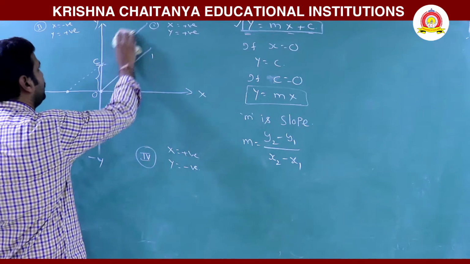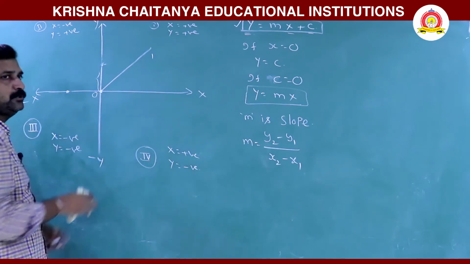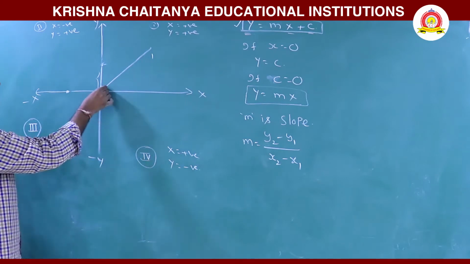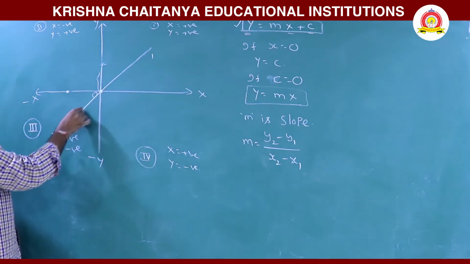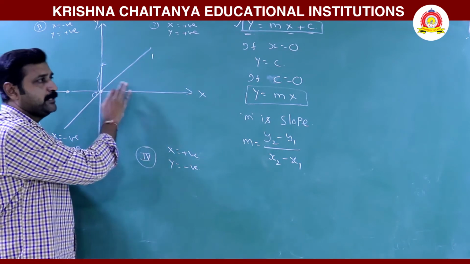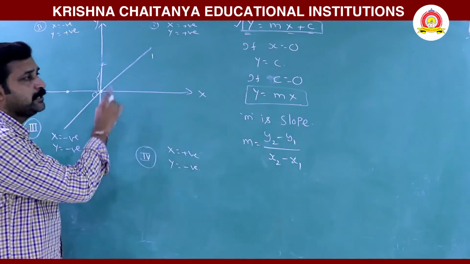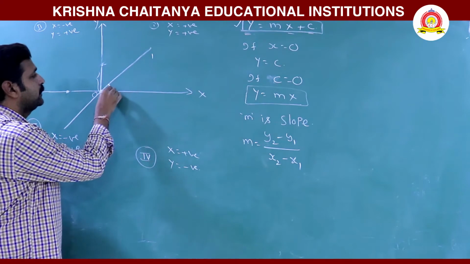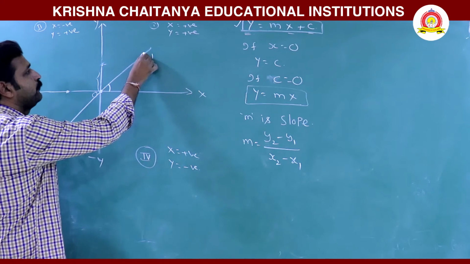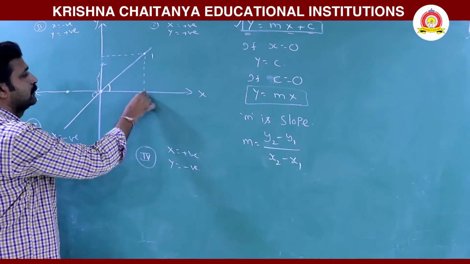So, we will start with this straight line which is passing through the origin. We can extend it like this. Now, for this straight line, the expression is y is equal to mx. To find the slope m, first of all, take any point.